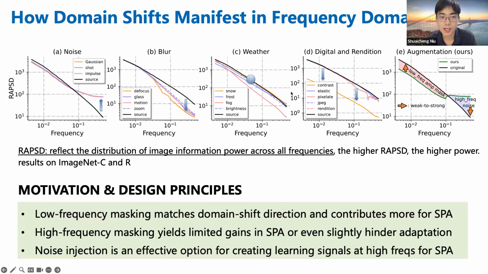On some corruptions, there are minimal changes across all frequencies, such as the snow and frost weather changes. So based on these observations, we then give our following design motivations.